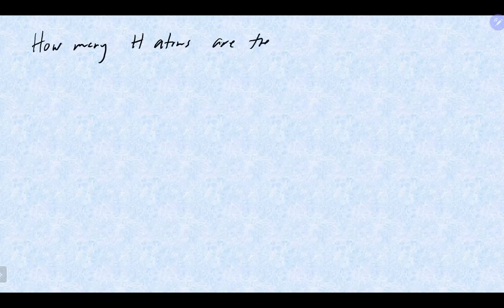Okay. So one last thing we're going to look at is, let's say we wanted to know how many hydrogen atoms are there in 42.5 grams of C2H4.